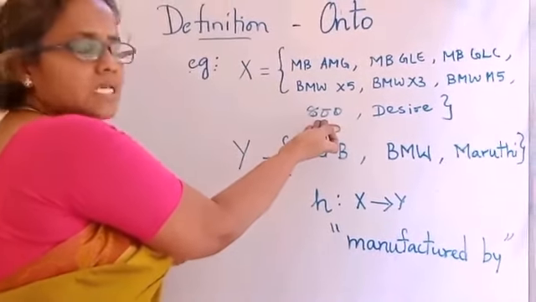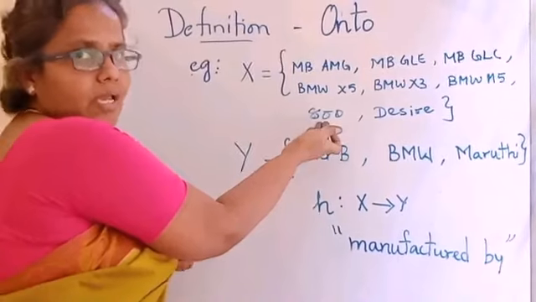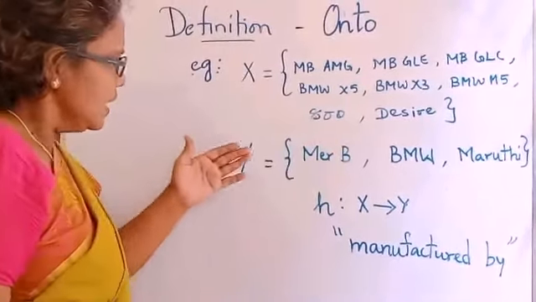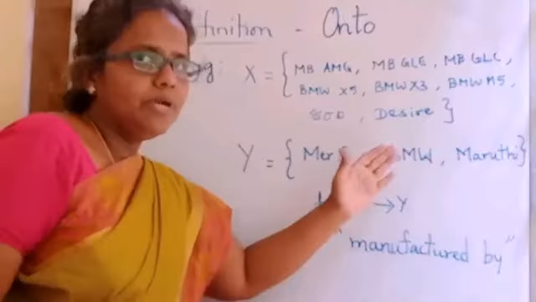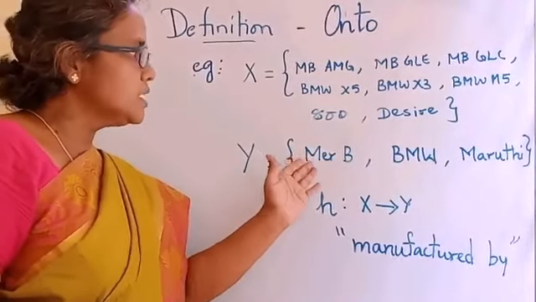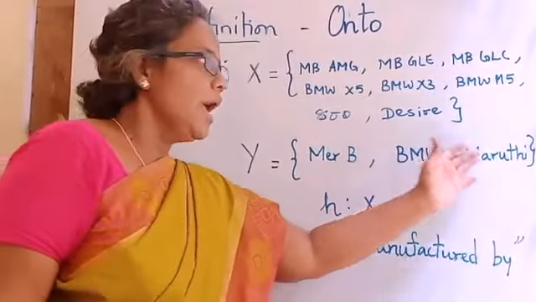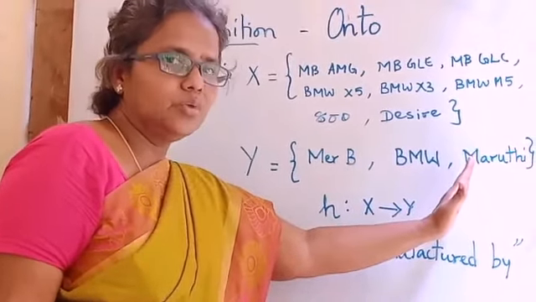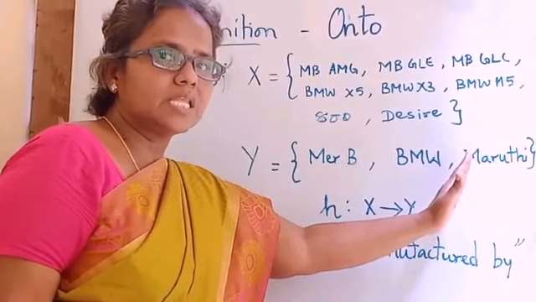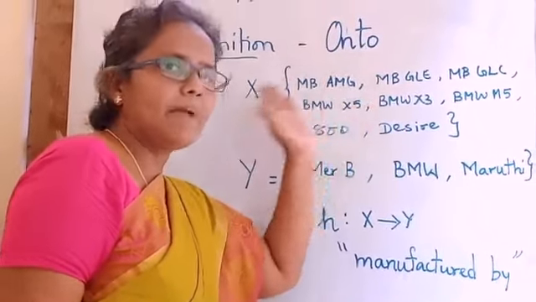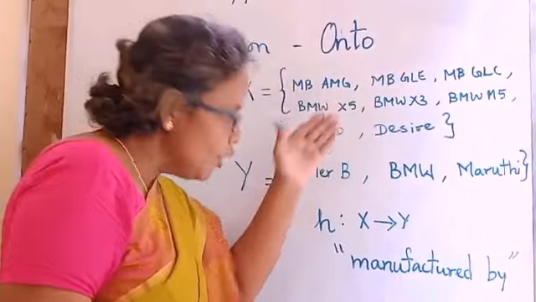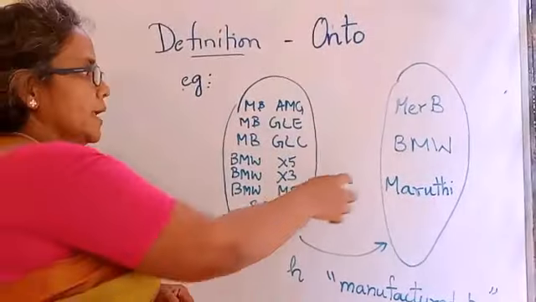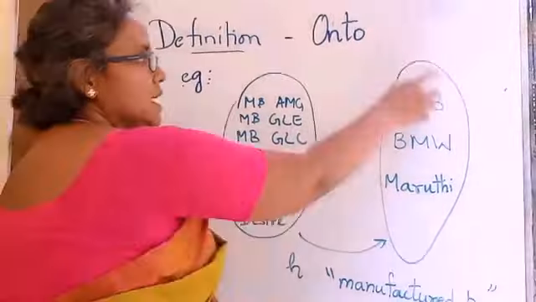Likewise, 800 is a model produced by Maruti. I have only three company names, namely Mercedes-Benz, BMW and Maruti, written within the second set, which is the codomain. I am going to show you the mapping between these two, and I am going to prove that it is an onto function. Okay, let's consider the codomain.